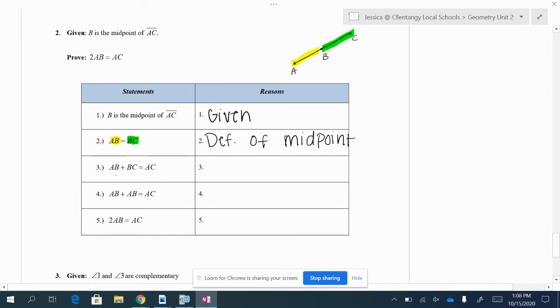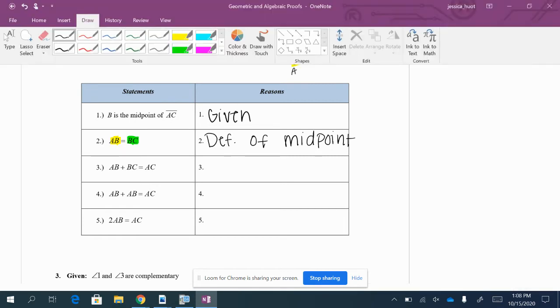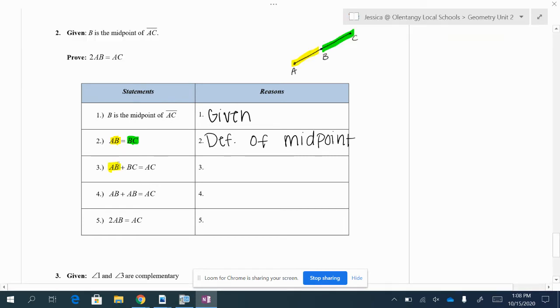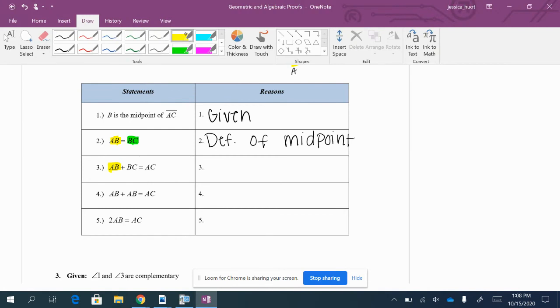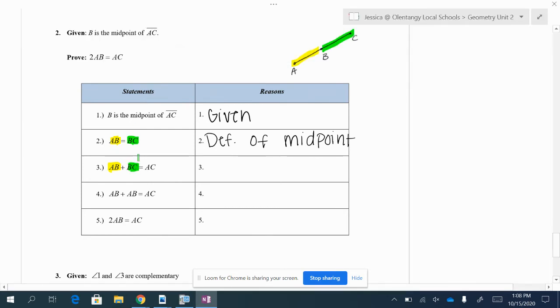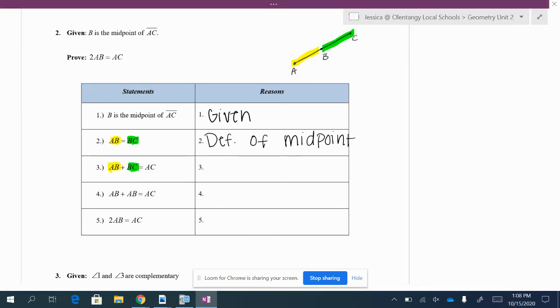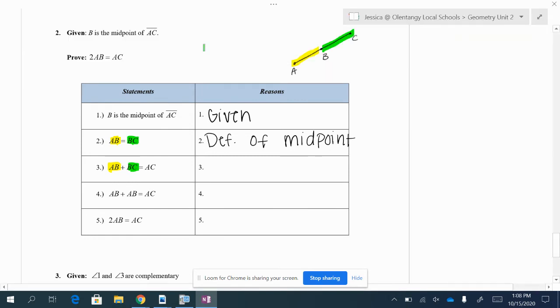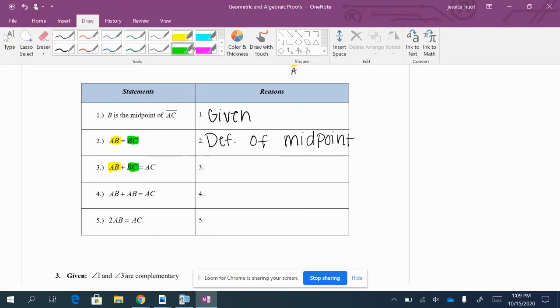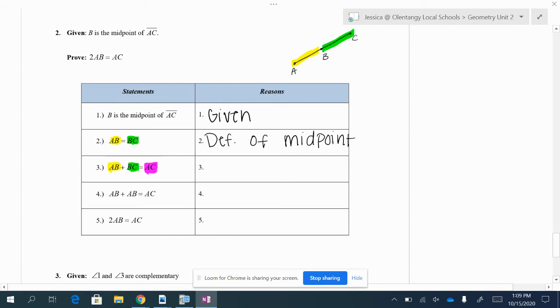And then we jump down here to AB plus BC is equal to AC. So AB, I have in yellow. BC, I have in green. AC, let's put in this purple. So AC is this whole entire segment.